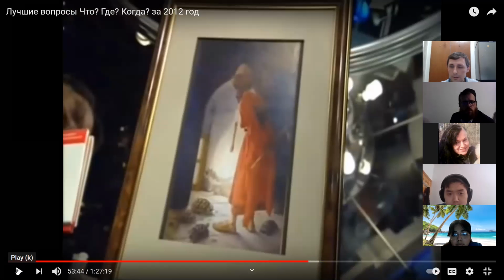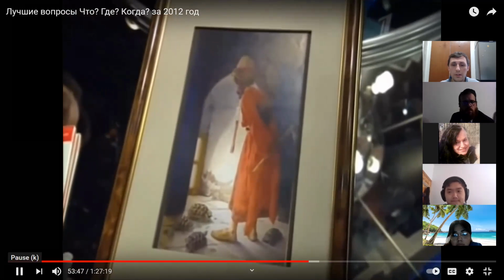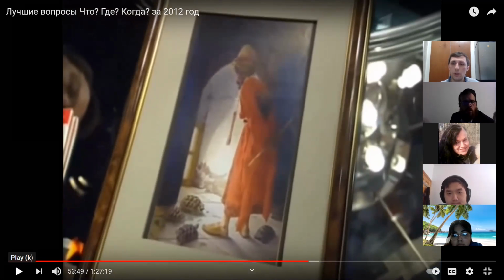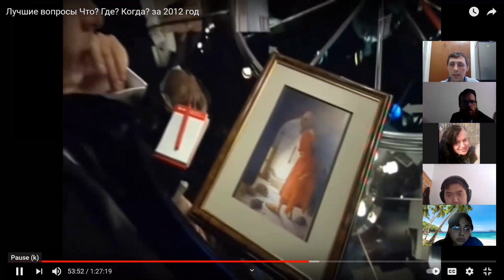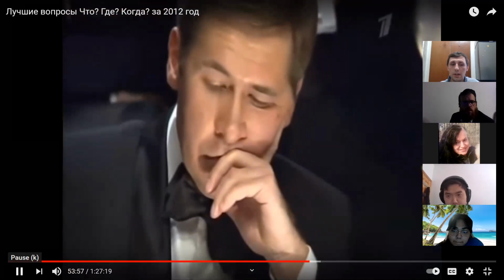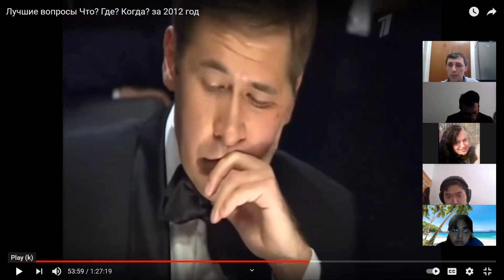You see this picture? Перед вами картина турецкого художника Османа Хамдибея. In front of you is a painting of a Turkish artist, Osman Khadibeyev. Дрессировщик черепах. A trainer of turtles. Оказывается, в начале XVIII века при дворе султана черепах дрессировали. It appears that at the beginning of the 18th century, at the court of the Sultan, turtles were trained.